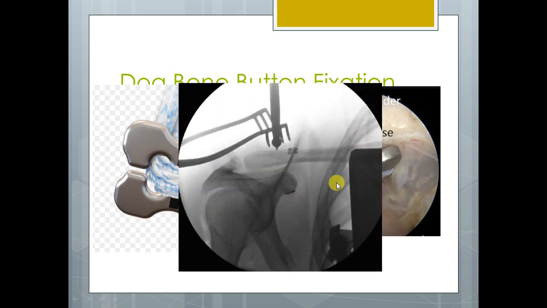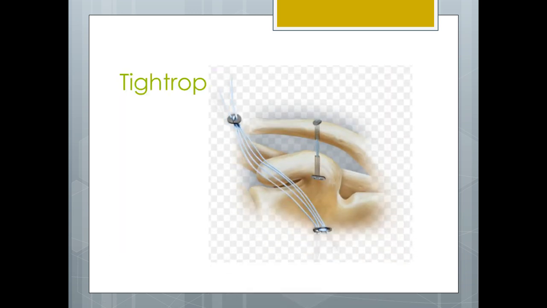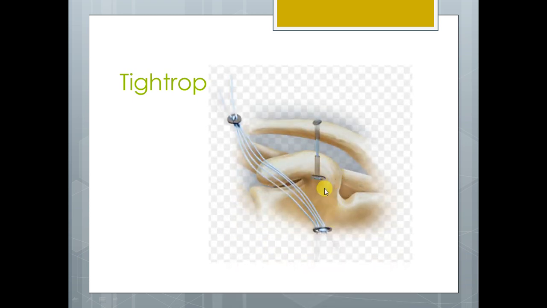This is the X-ray appearance. In comparison to the TightRope, it is the same idea. Both are suspensory ligament fixation, a suspensory type of fixation of the CC.